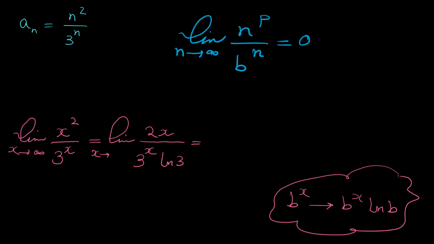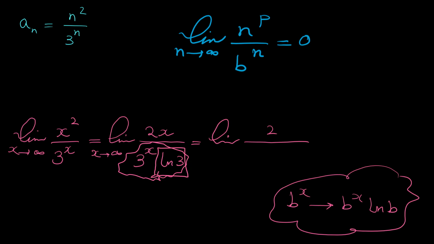But we have to take the derivative again because this is still infinity over infinity. As x approaches infinity, this is infinity, and this is also infinity. So we have to apply L'Hopital's rule again. By applying L'Hopital's rule again, the derivative of the numerator is just 2. For finding the derivative of the denominator, don't use the product rule because you don't need to.